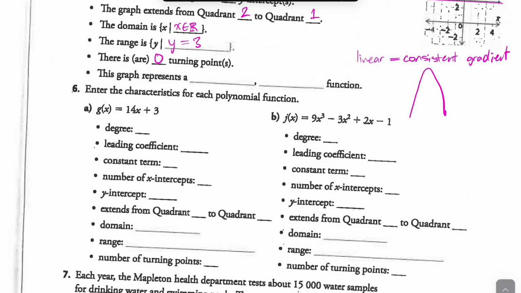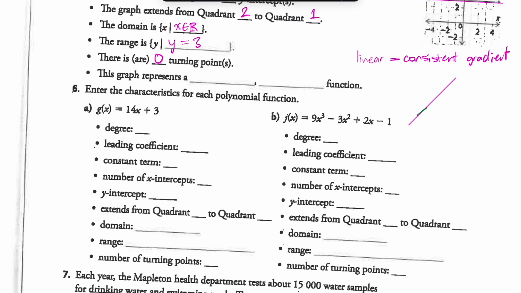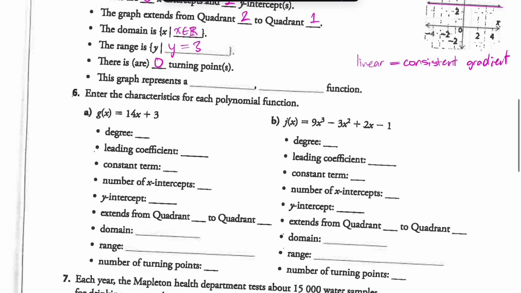If you have this, and you draw a line tangent there or there, you see how those are two very different gradients? Like the gradient changes the whole way. Whereas if you have a straight line, a linear line, the gradient anywhere along here is the same. So it's linear.